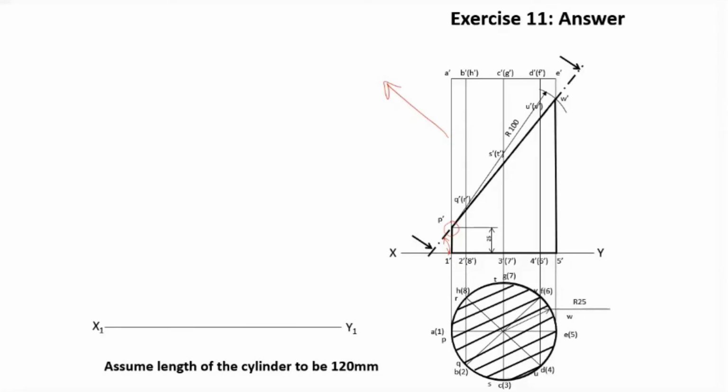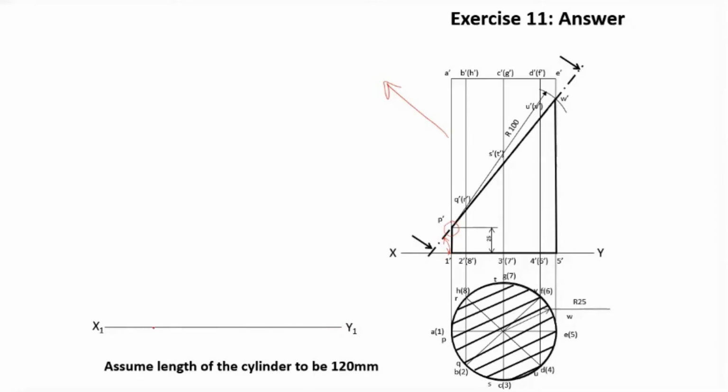Now in order to draw the true shape, as I said, there is an alternate method in which you can save some space. Here we draw an x1, y1 line which will be parallel to the xy line, or it is a horizontal line.